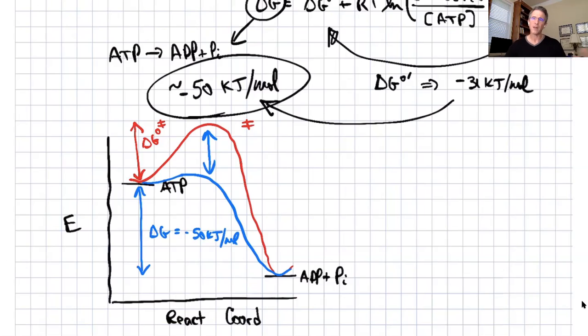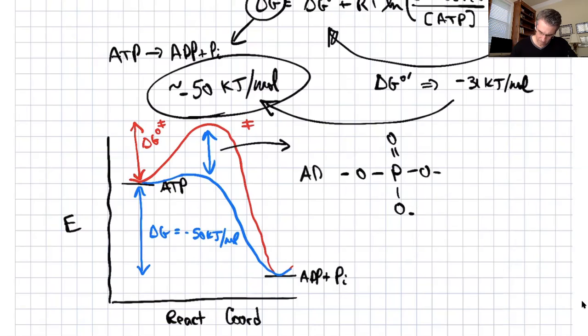But it's worth thinking about why you think that transition state free energy barrier is so large. What makes that transition state for hydrolysis so unfavorable? Well, again, think about that terminal phosphoester bond here. Let me just write this a different way. This would be ADP, and then there's our terminal phosphate group in that terminal phosphodiester. That phosphate group is not a very good electrophile, right?